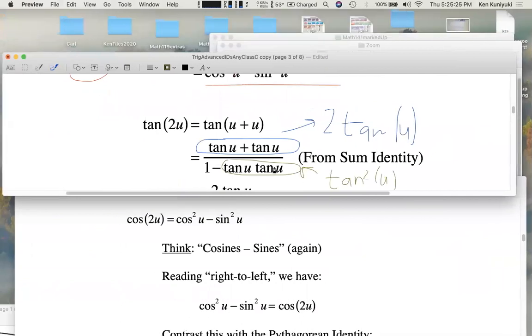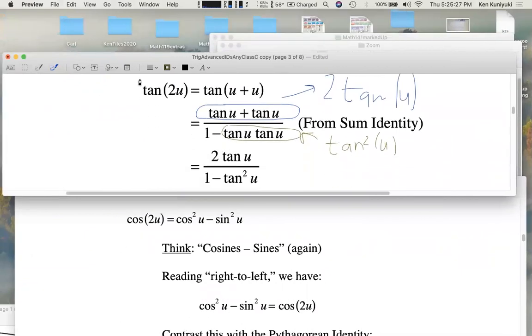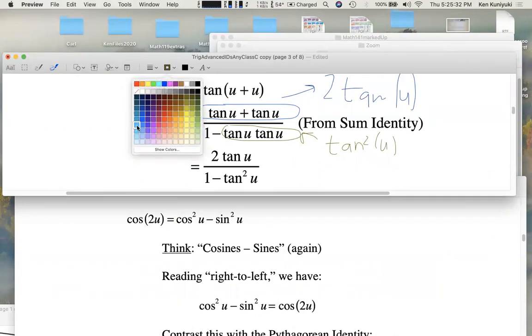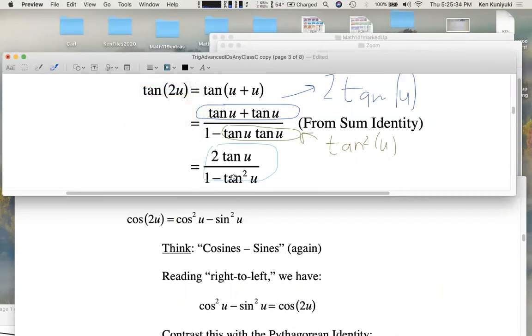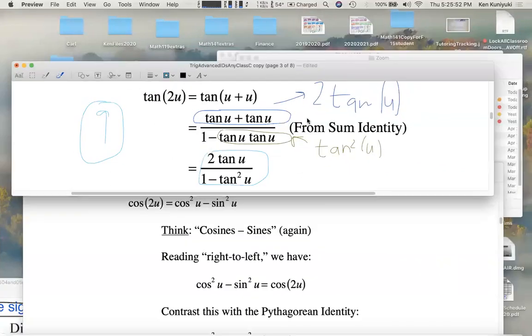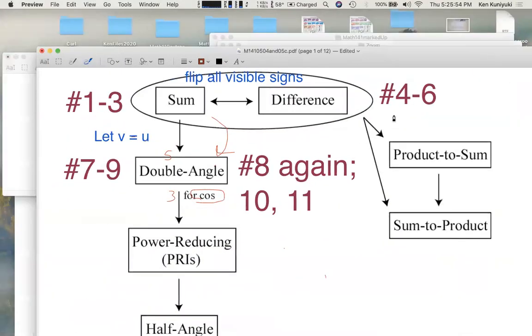If you know that, then you should believe that we end up with two tangent of u over 1 minus tangent squared of u. Again, I have a hard time memorizing that, but since I know the sum identity, I can get the double angle identity pretty quickly. But make sure you don't switch these. So that's our number 9. So we now have these 3 basic double angle identities for sine, cosine, and tangent.